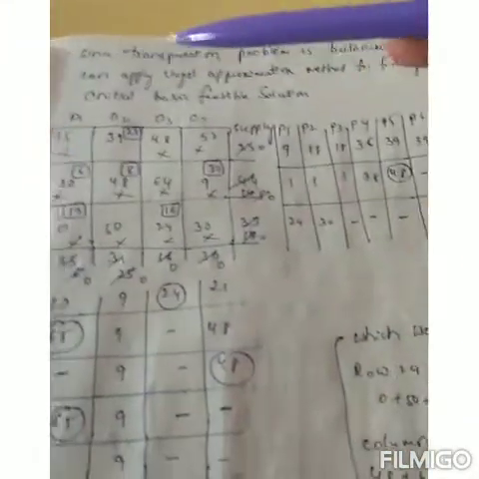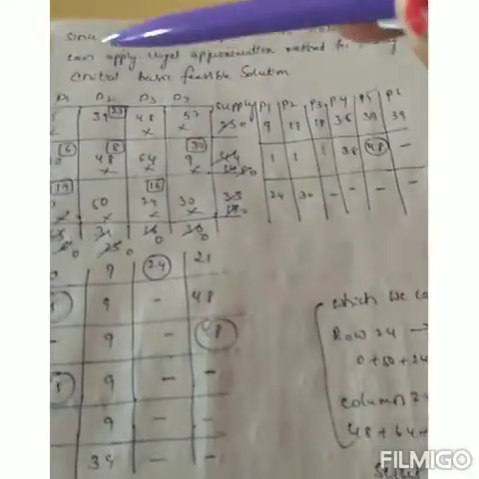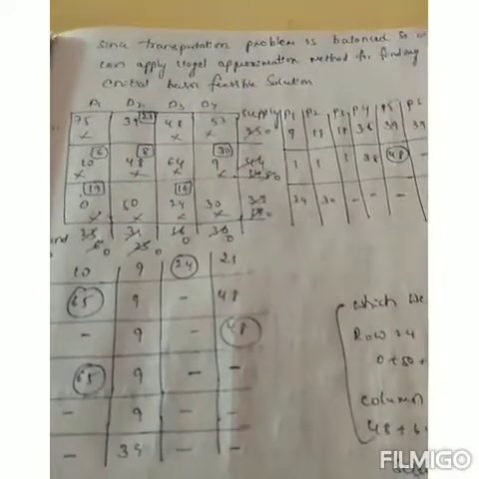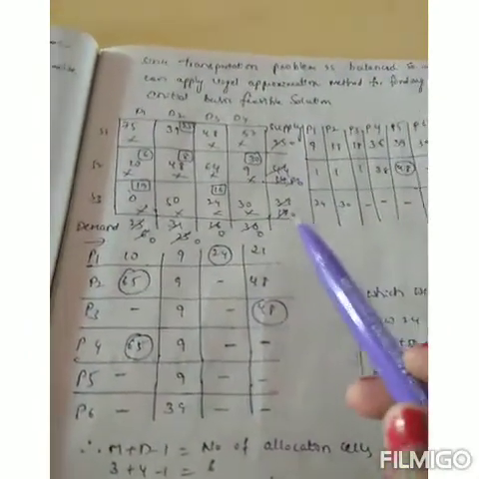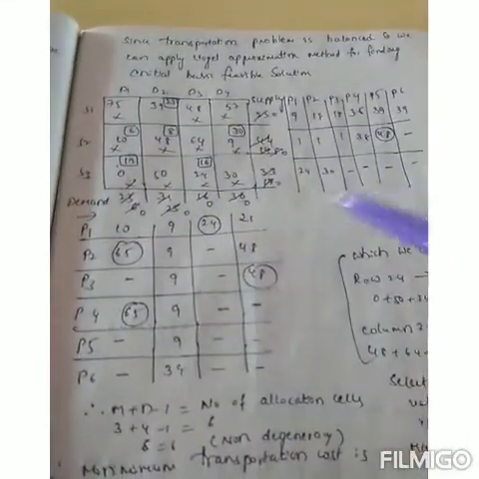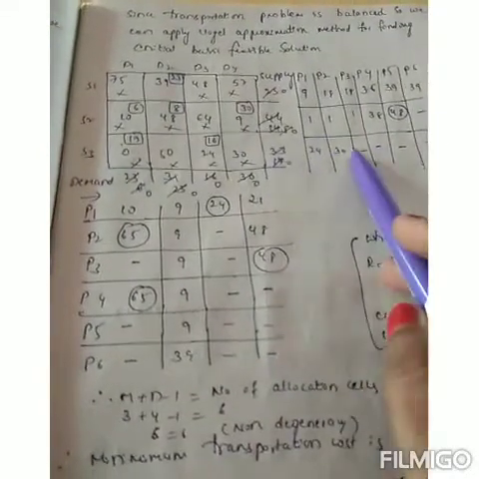Since total supply equals total demand, the transportation problem is balanced, so we can apply Vogel's approximation method for finding the initial basic feasible solution. Already I have solved a previous problem showing the steps of Vogel's approximation method. You can do the problem by Vogel's approximation method in that form.